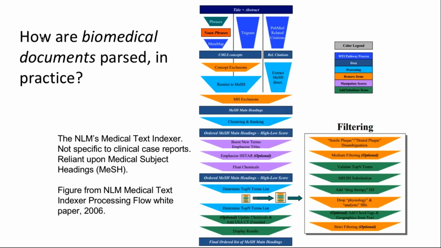So some of the initial steps in looking at the title and abstract of every document that goes into PubMed is that they need to search for particular phrases. So that's part of this named entity recognition portion. And based on those phrases, they can look up those higher level concepts. But beyond that, they're not going through every last individual medical concept or medical term in any particular biomedical document, because that would be excessive.